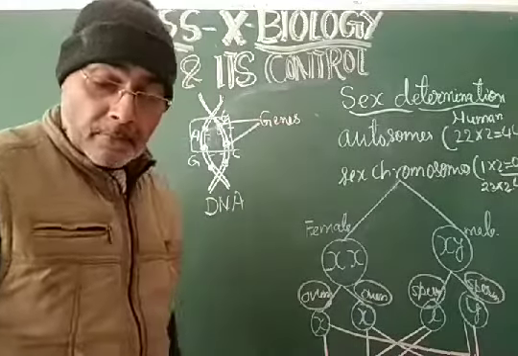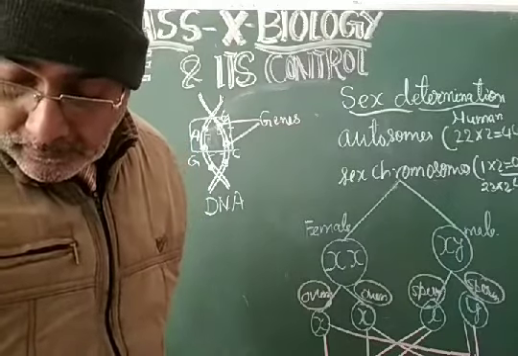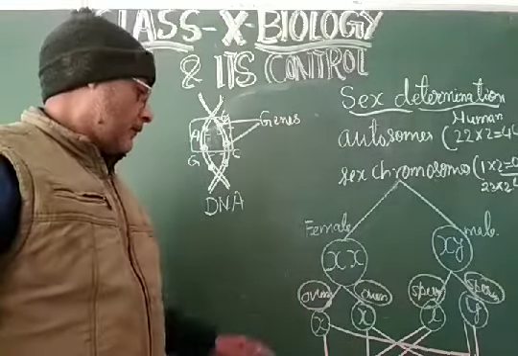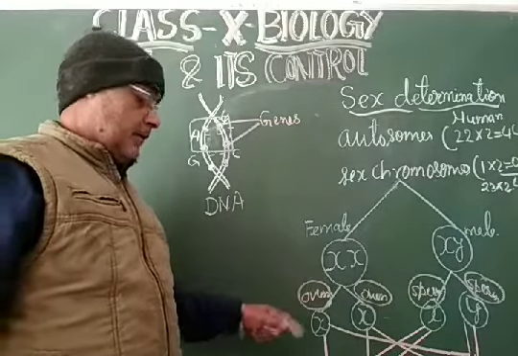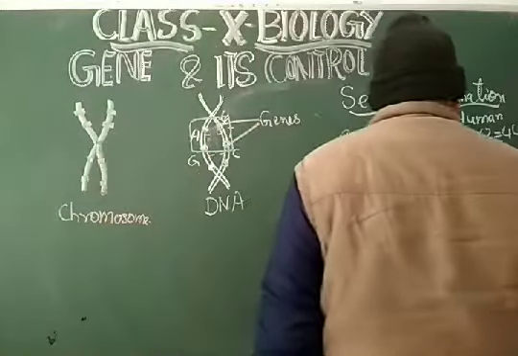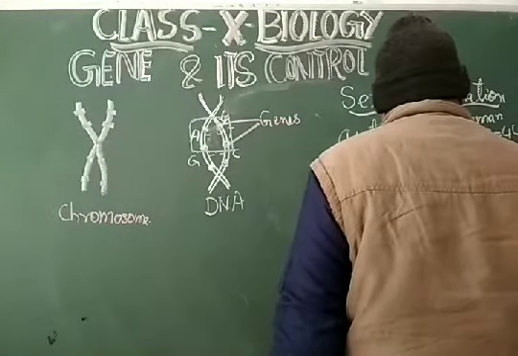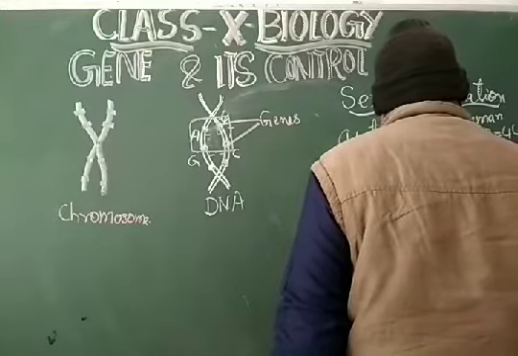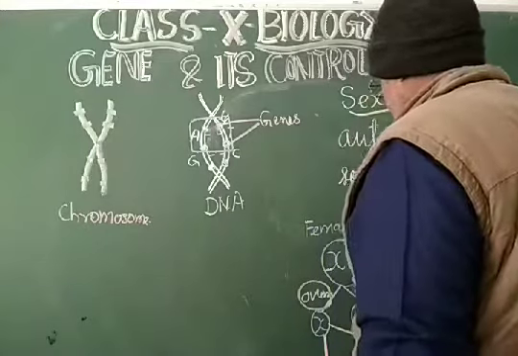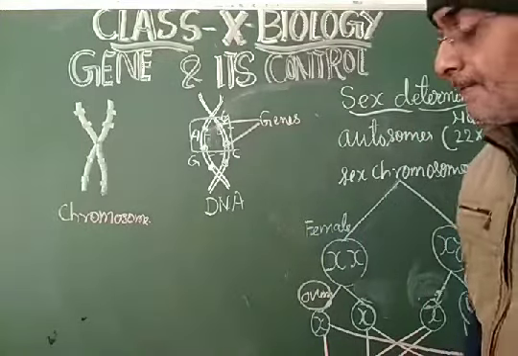Therefore my dear students, this will be the XX and this will be the XY. If this XY forms the sperm, then the sperm is having 2 types of gametes, X and Y. And if the ovum is having XX, then there will be the chance of producing male and female.